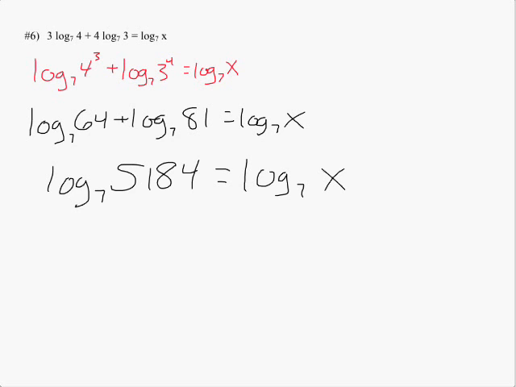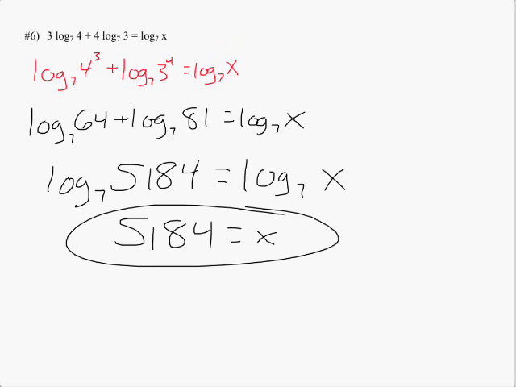If you get one logarithm on each side of the equation, and they don't have coefficients, and they have the same base, you can simply say that the arguments are equal to each other. So what this question was really saying at the beginning: 4 cubed times 3 to the fourth equals what?